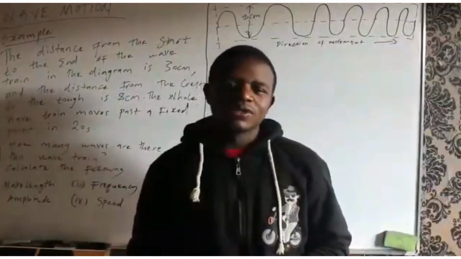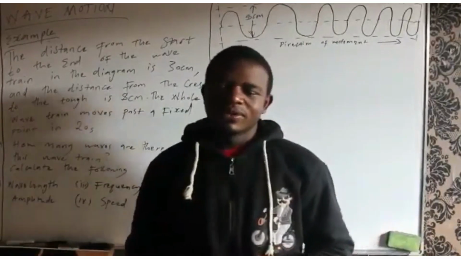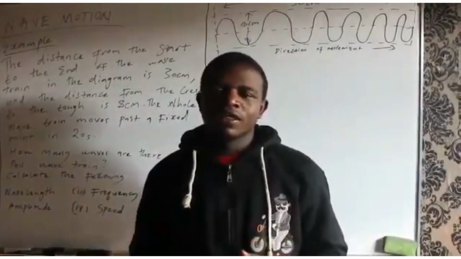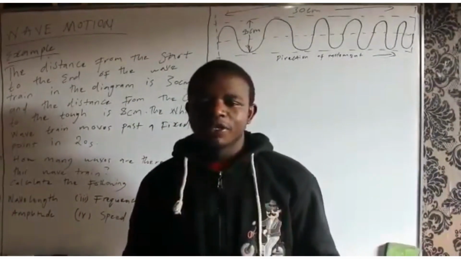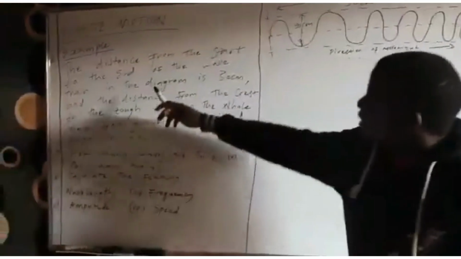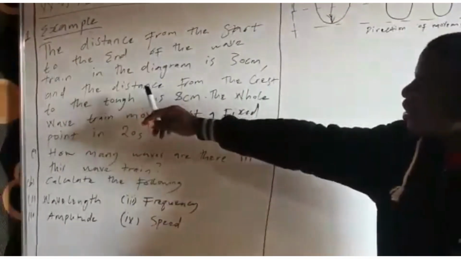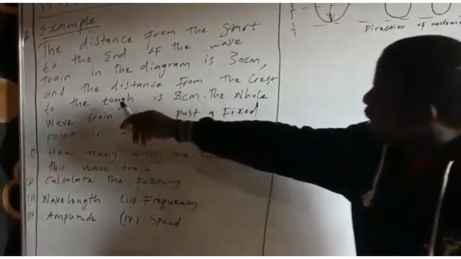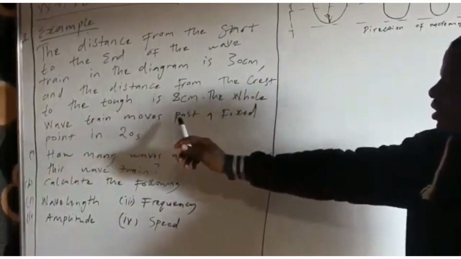So today in wave motion, we're going to look at an example. I've already written this example and we're going to go through it. We're going to calculate the wavelength, the speed, the frequency, and the amplitude. The example reads, the distance from the start to the end of the wave train in the diagram is 30 centimeters, and the distance from the crest to the trough is 8 centimeters.